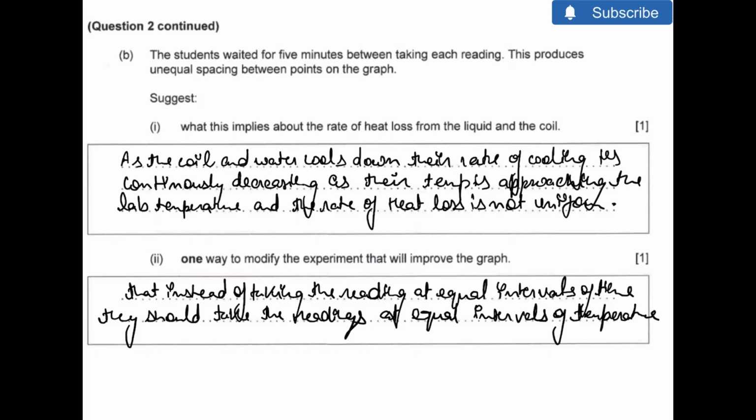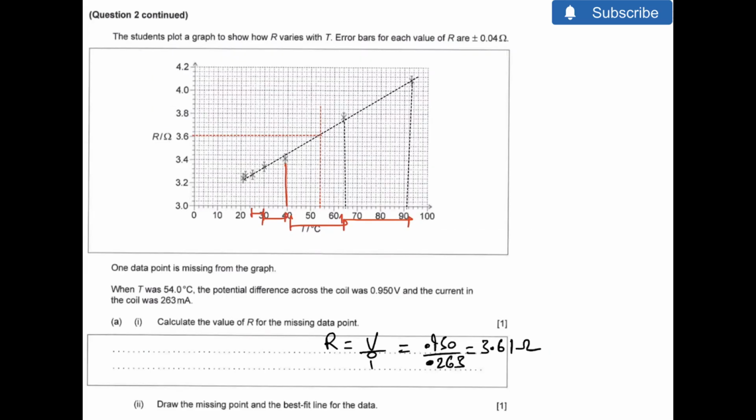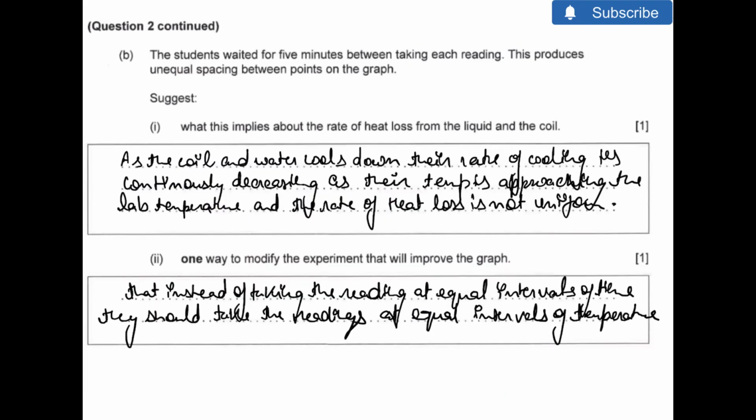So that the non-uniformity on the x-axis decreases, because if they are taking the reading at equal temperature intervals, then this gap will be uniform on the x-axis. So this is the modification which is suggested to improve this graph.